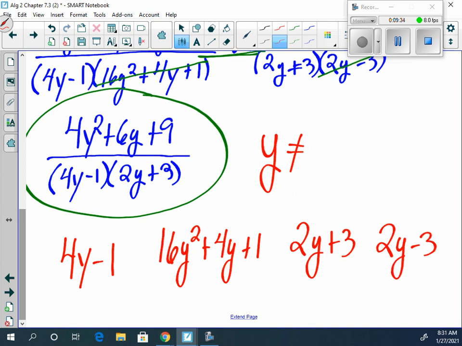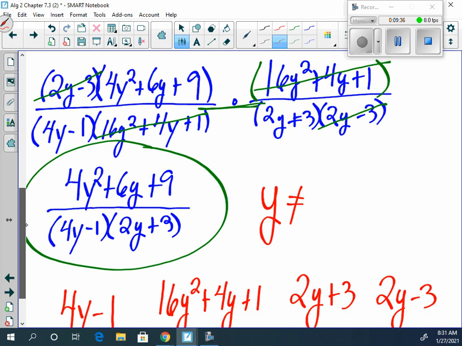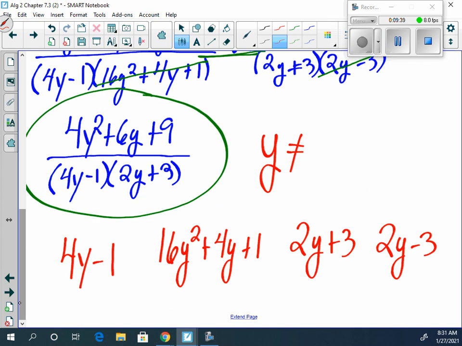In the numerator, well, it's just our 16y squared plus 4y plus 1. So we just have these four, yes? Which one of these do I not even have to look at? Yes, that one, because, again, it's already listed.